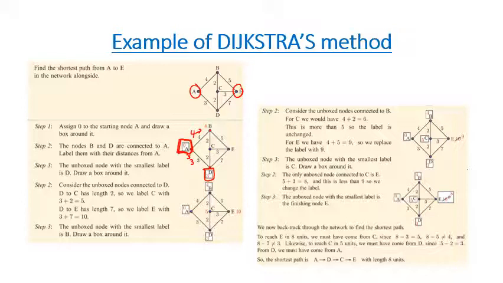The next thing is we now need to consider where we're going from B and from D. Now, if we go from D to C, that has a value of 2, which means we get a value of 5 overall at C. Or we can go from D to E. If we go this way, we get a value of 10. And obviously 5 is the shortest.